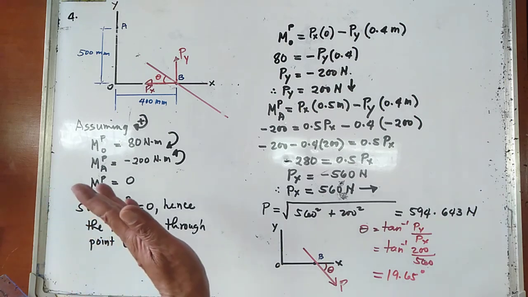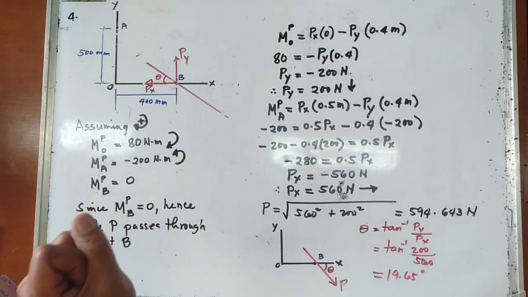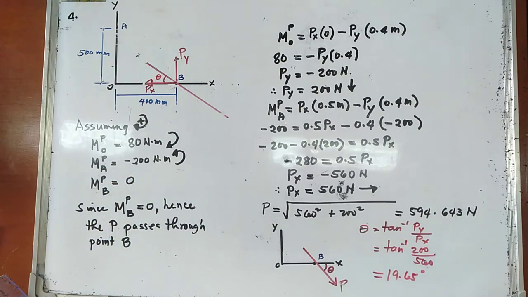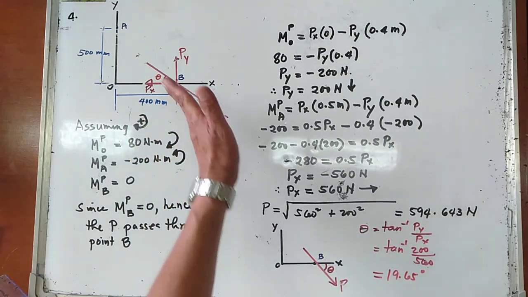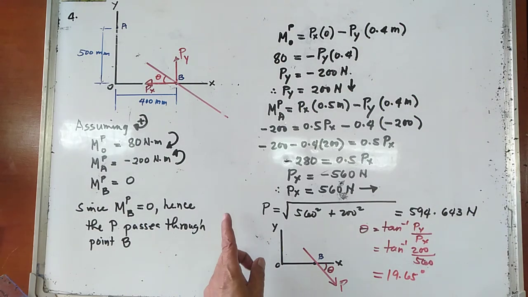And when we assumed clockwise moment as positive, P is down to the right. Now, take note that the magnitude of P is still the same.